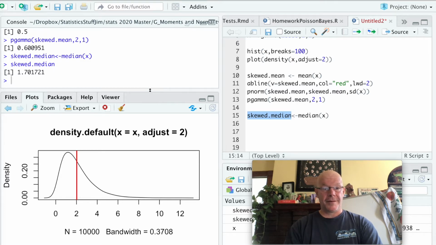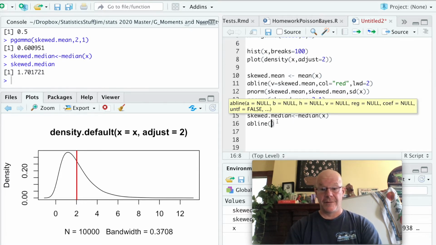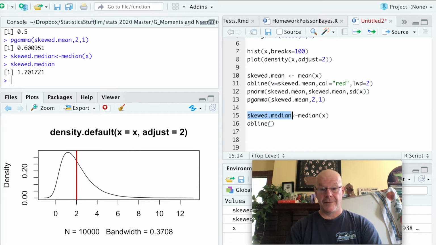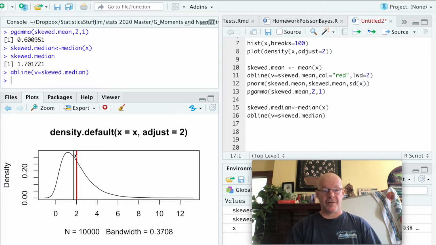And it's 1.701. So let's go ahead and plot that. I'll abline the skewed median, and it will be a vertical line. Yeah, that's what I wanted to do. Okay, and so now it's shifted over here a little bit.